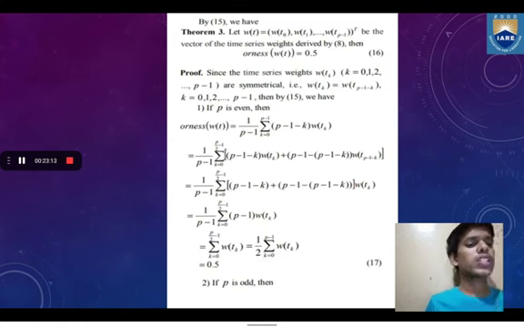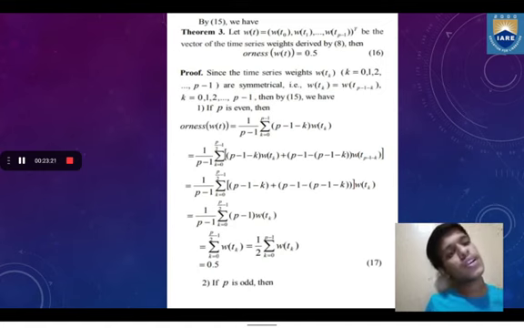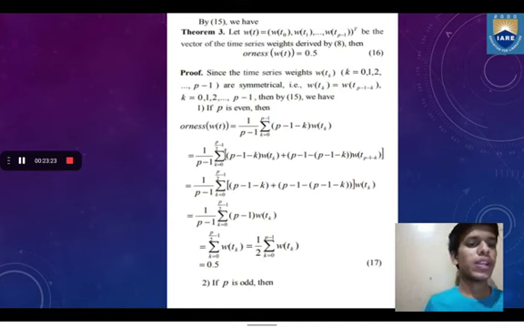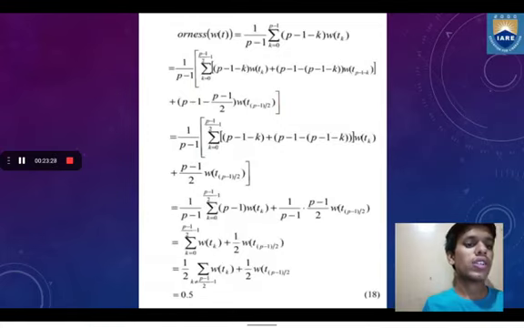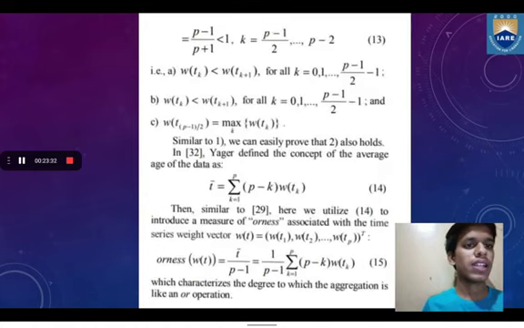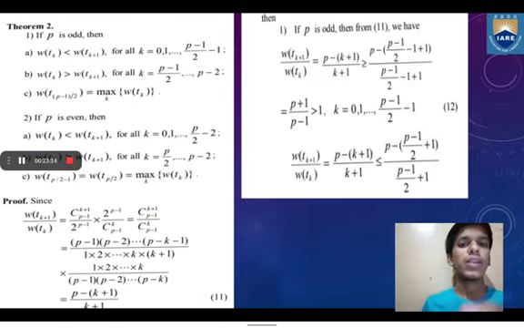So if we simplify this term using the condition of even, if we have p as even, we can prove that it is equal to 0.5. And if it is odd, then we can also use the conditions we have derived in the previous slides, like these three ABC theorems.